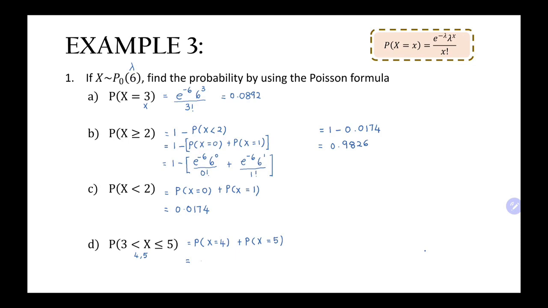So we substitute e^(-λ), lambda is 6, power of x divided by x factorial. Then we plus the same form for the other value. Then we solve, we get answer 0.2945.